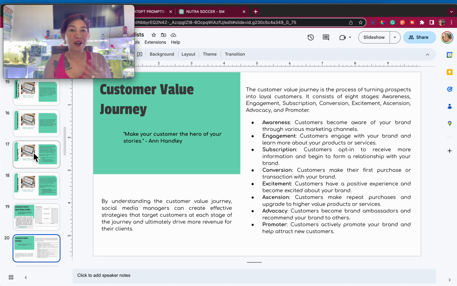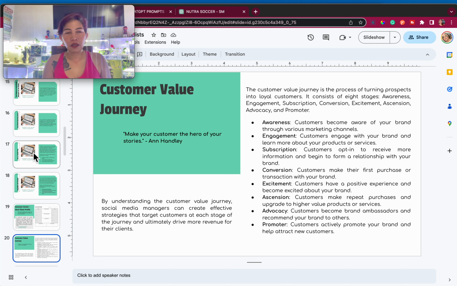You just become aware of that particular product, and that is if their post is catchy enough that you wouldn't scroll past, right? Sometimes we don't even read the first two words in the caption.